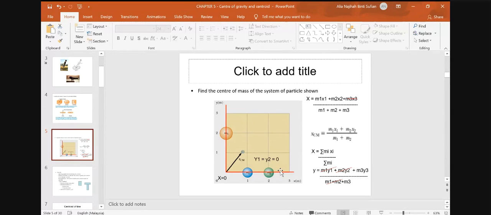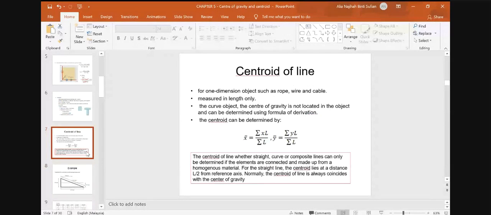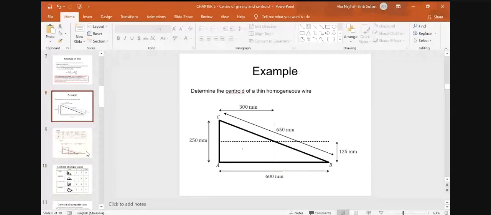Yes, yes. Another question is the triangle one, the center of line one. Which slide? 8 or 9. Okay. This one. Okay.